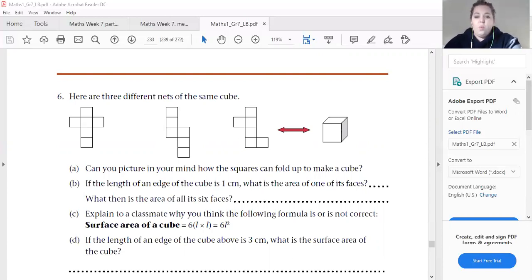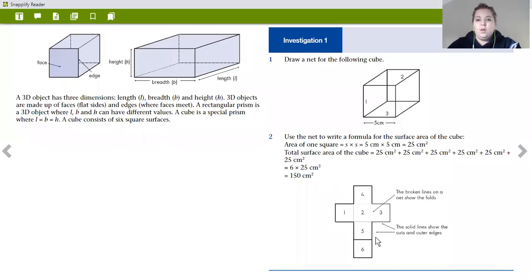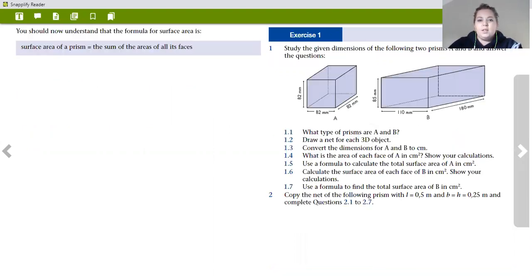What I want to show you quickly is when I look at this question, if I go into the investigation and ask you to draw out the shape, you can see all the parts that are folded and what will be the outer side. So it's basically the same thing.